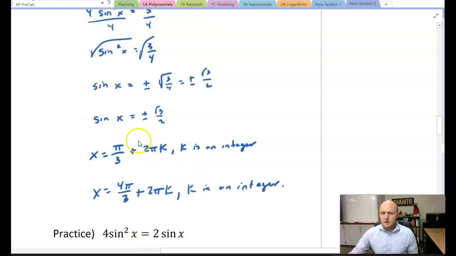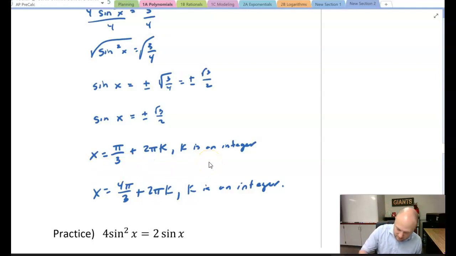Does this account for everything? I don't think this is accounting for the second quadrant. I don't see this in my notes, but I'm going to add here, you should also have 2 pi thirds plus 2 pi k.